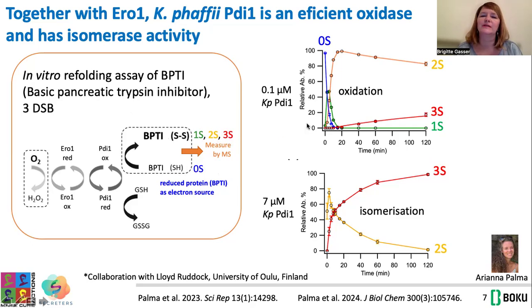And as you can see here, even at a low concentration, PDI is a very efficient oxidase, catalyzing the oxidation and de novo disulfide bond formation with a similar activity to the human system. And she could also show that the isomerization activity of Pichia PDI is quite high, at least much higher than the one shown for Saccharomyces cerevisiae PDI.